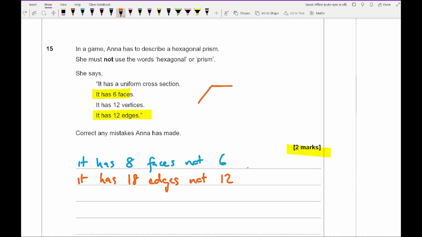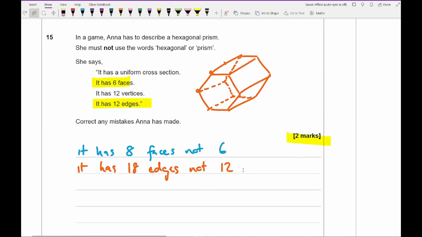And again, if you're not sure when it comes to these particular types of questions, I strongly recommend that you draw the shape out. Remember that faces are a face, vertices are the corners, and the edges are the straight lines.